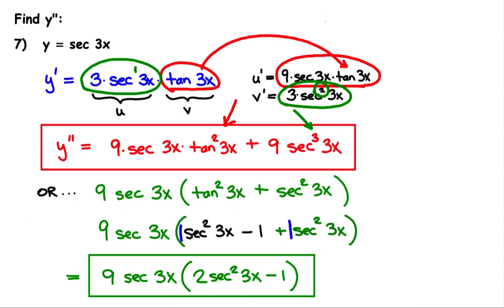In fact, you could even rid yourself of the parentheses completely in the green just by doing the distributive property and getting like an 18 secant cubed 3x minus 9 secant of 3x. That's just awful. So again, your algebra is very important, especially in multiple choice settings.